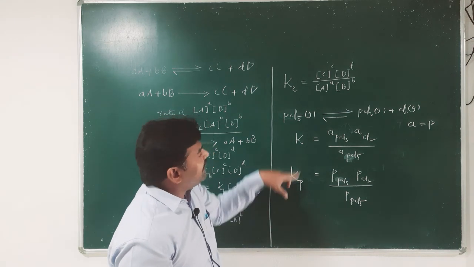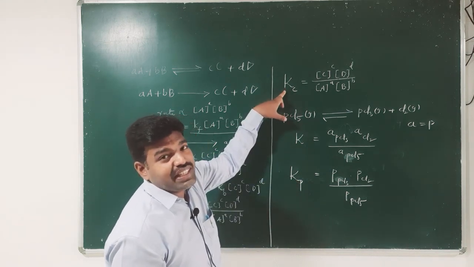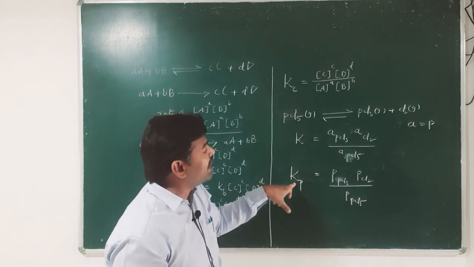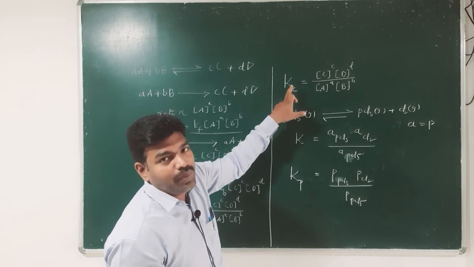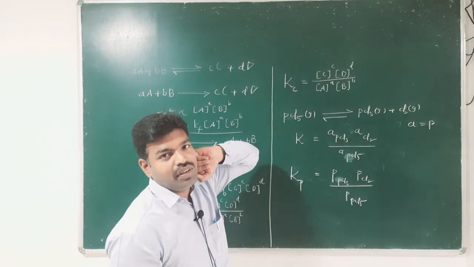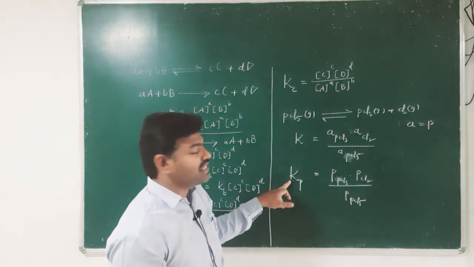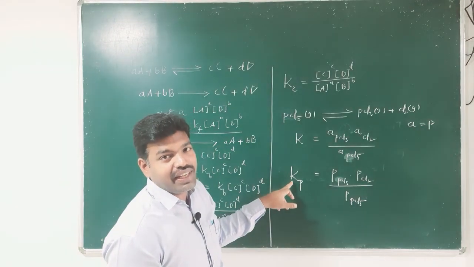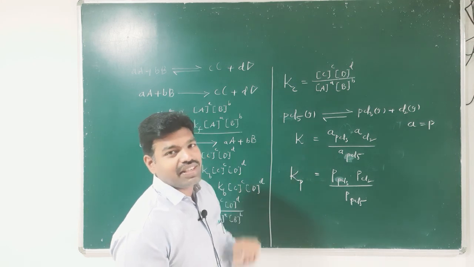So, there is a difference between Kc and Kp. Kc is the equilibrium constant for reactions that take place in solutions, and Kp is the equilibrium constant for gaseous reactions.